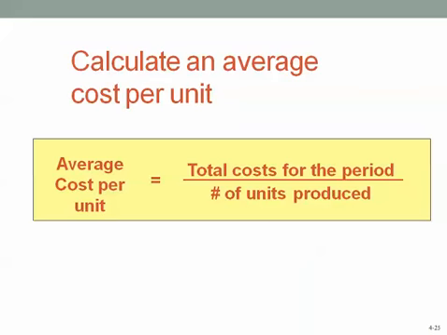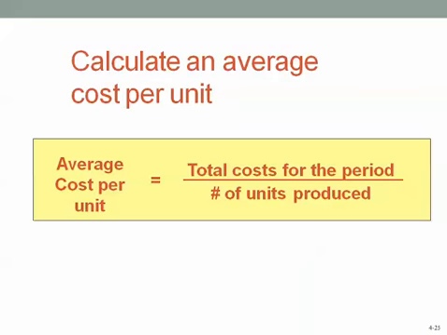Again, equivalent units need to be calculated because a department usually has some partially completed units in its beginning and its ending inventory. And partially completed units aren't the same thing as fully completed units, which is what we have when we transfer units to the next department or to finished goods. Equivalent units are the product of the number of partially completed units and the percentage of completion for those units.